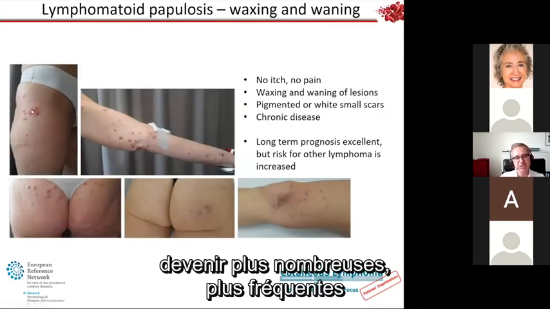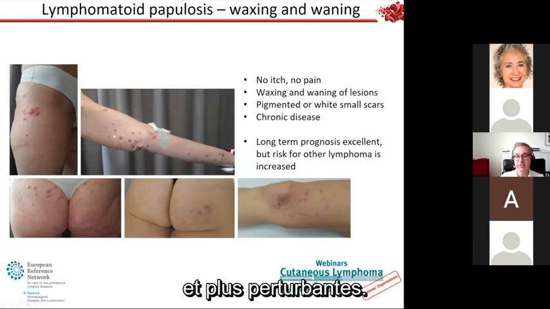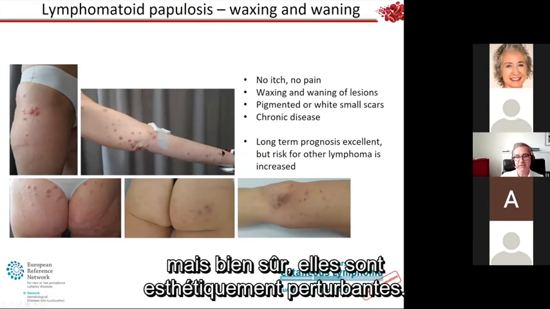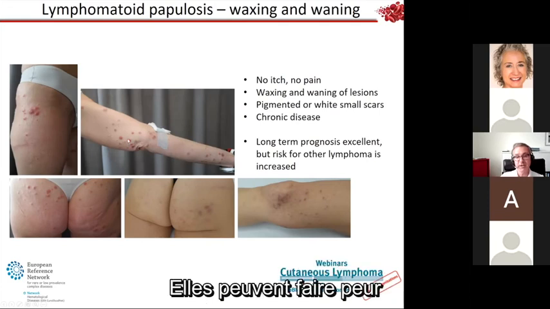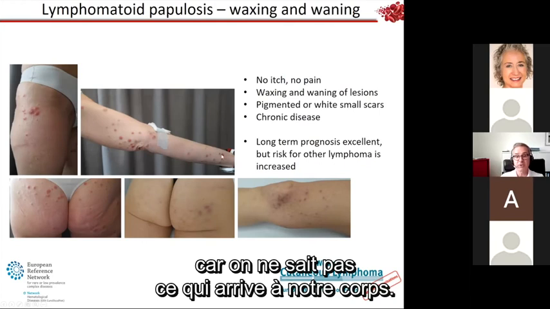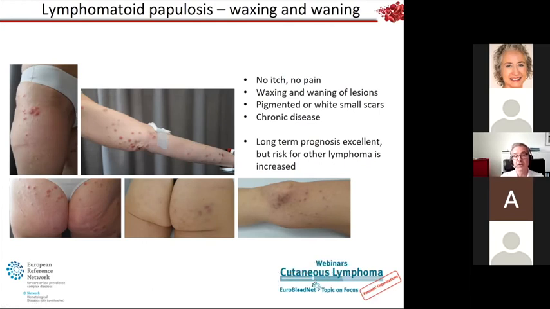They may become more numerous and very disturbing. They do not itch, they are not painful, but aesthetically they are very disturbing, and they may also be frightening because you just don't know what's going on in the body.